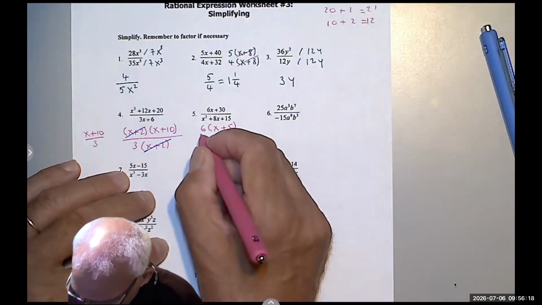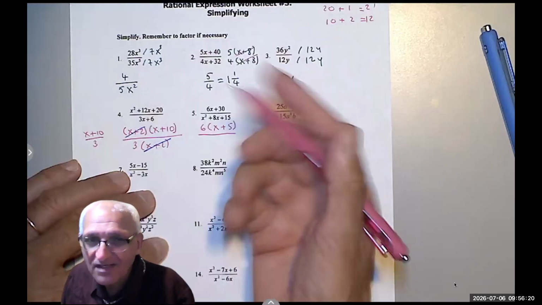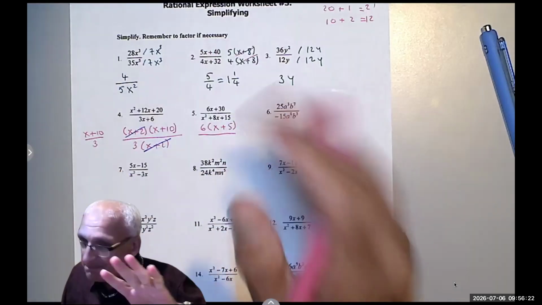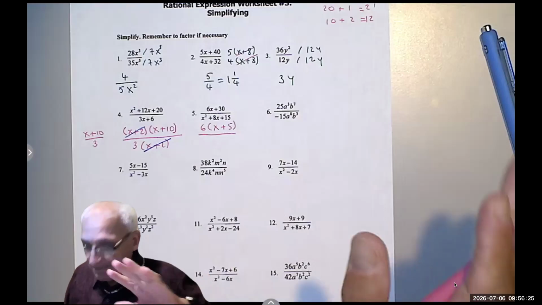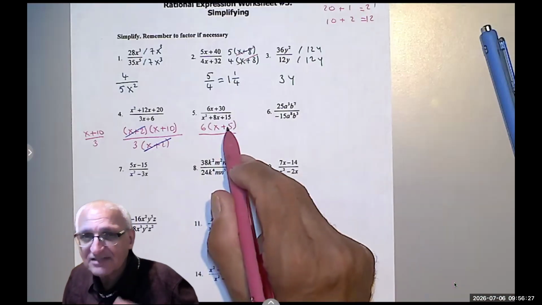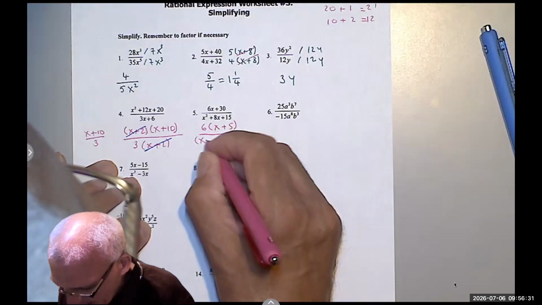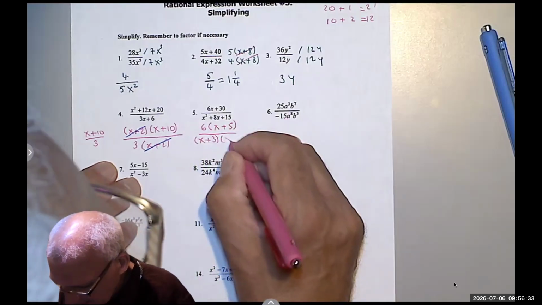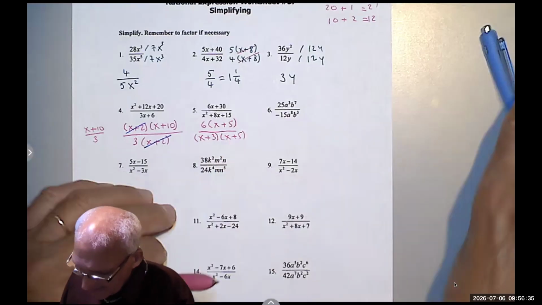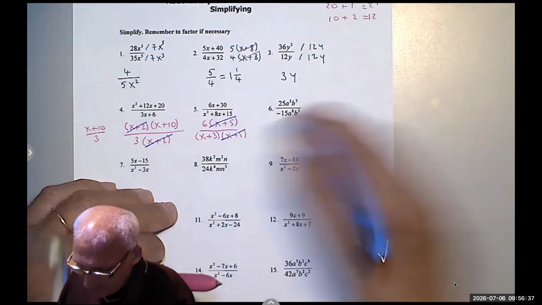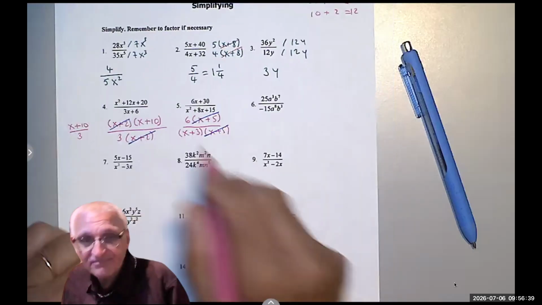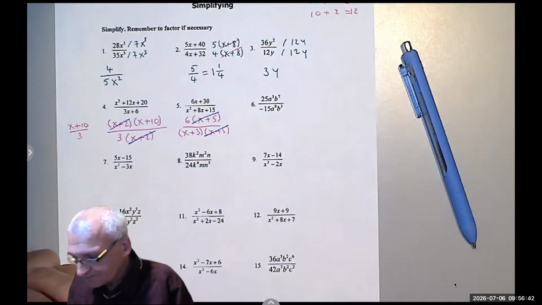So that would be a quick thing you have to think about. Maybe that is not one of the factors, but there is a great chance that it will be. So x plus 3 times x plus 5, I can simplify and get my answer as 6 divided by x plus 3.